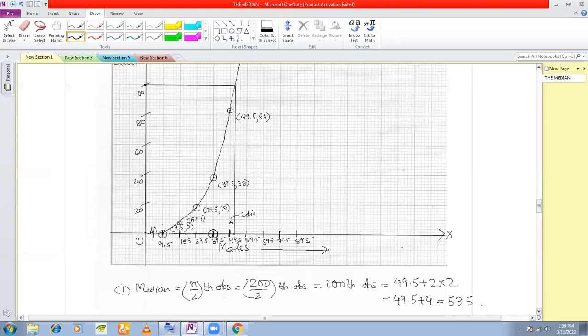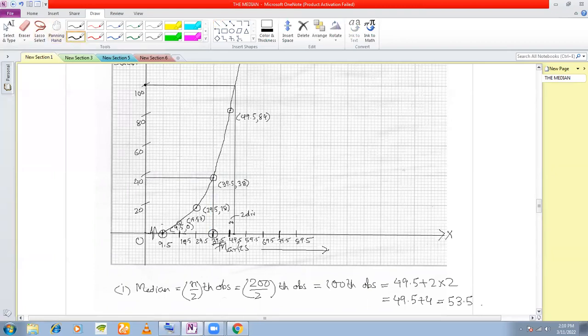Because on the y-axis you have plotted the marks, right? 39.5 is here. So from here you are going to draw a line from 39.5 till it intersects the curve, right? And from here you are going to drop a perpendicular on the y-axis.